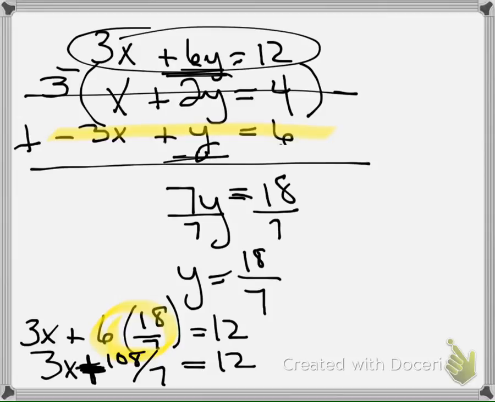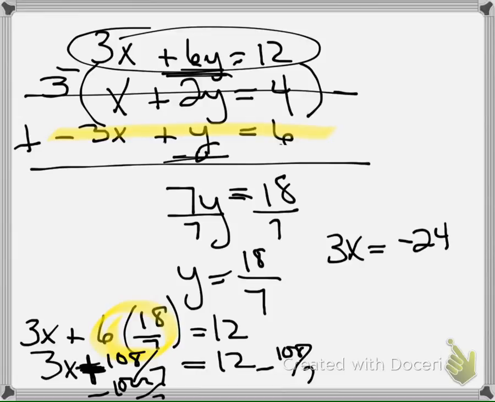So now what? Now you're going to subtract the fraction. Yes, good. So it gives you 3x equals 12 minus 108 over 7, which is negative 24 over 7.